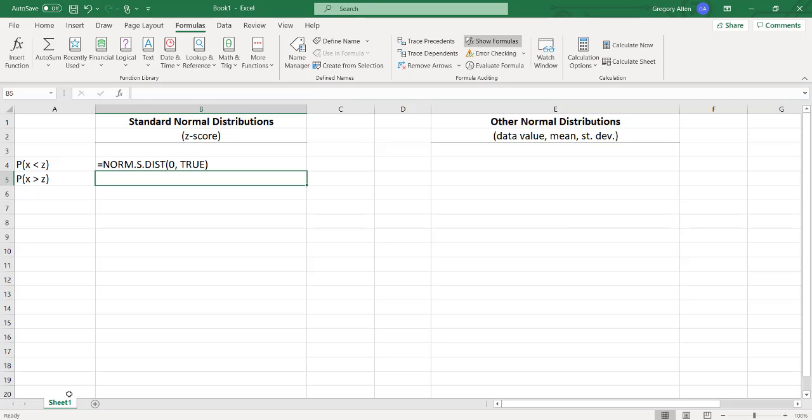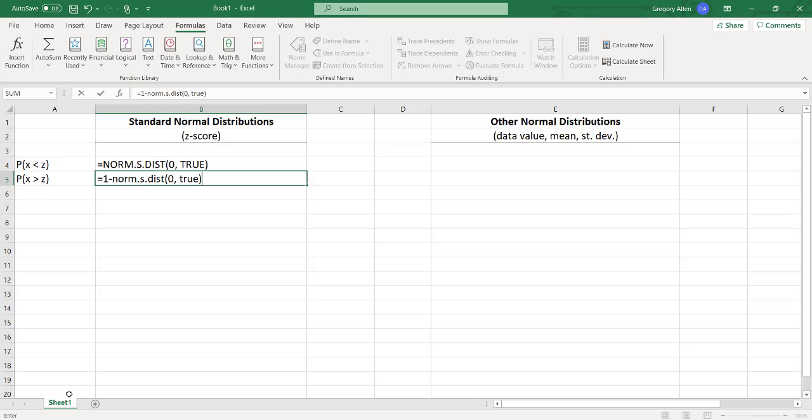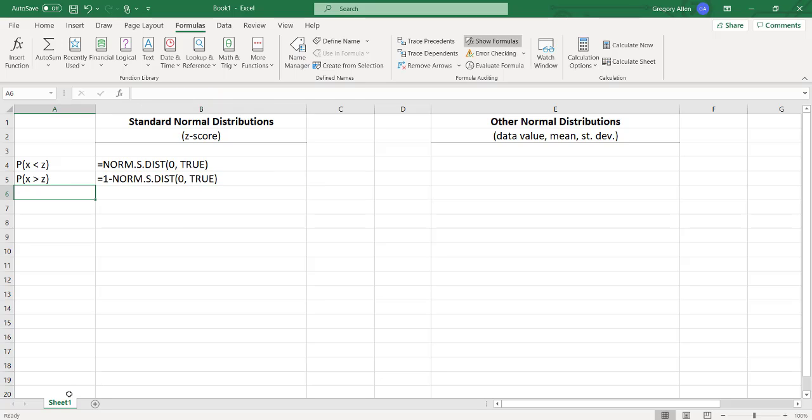To do a greater than, I'm going to do 1 minus the probability of getting less than that value, and we have our formula here for getting a less than. Similarly, if you wanted to do a between, you know how we do a between probability? You find the probabilities of the two individual values and subtract them. You would have to do the same thing here.